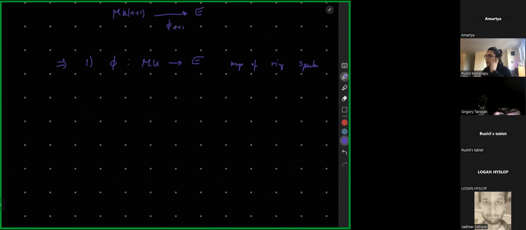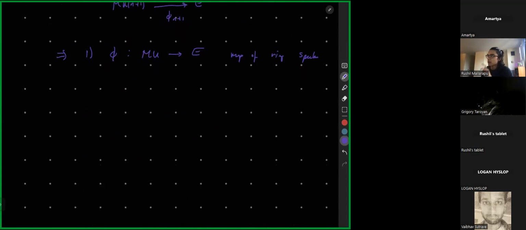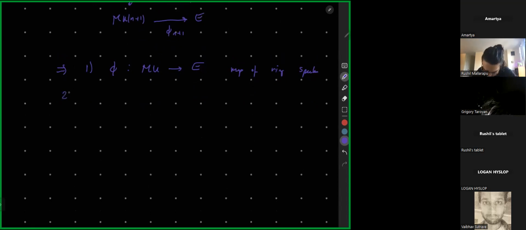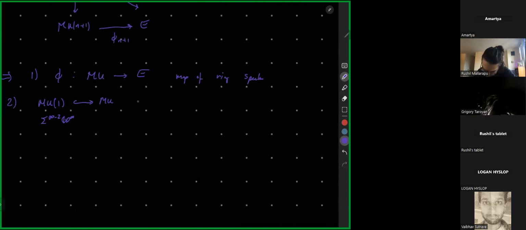And in fact, if we look at the inclusion of MU1 into MU, then because this thing is just a desuspension of CP infinity, this is the same thing as a class in the reduced second homology of CP infinity.